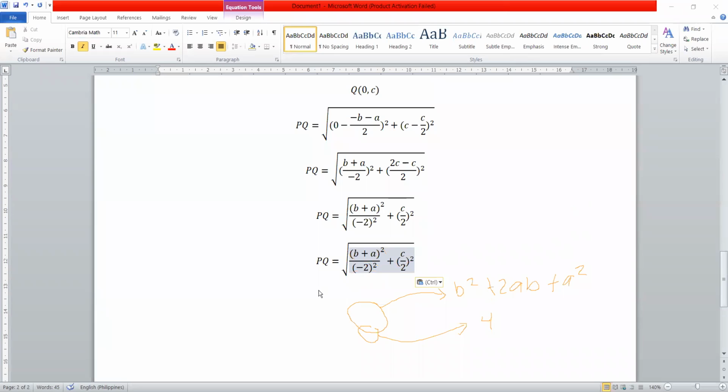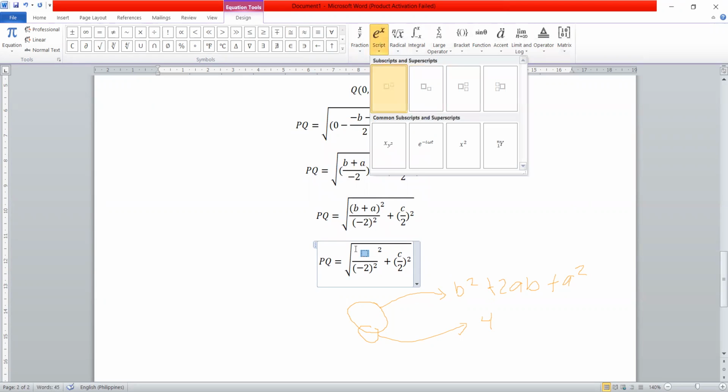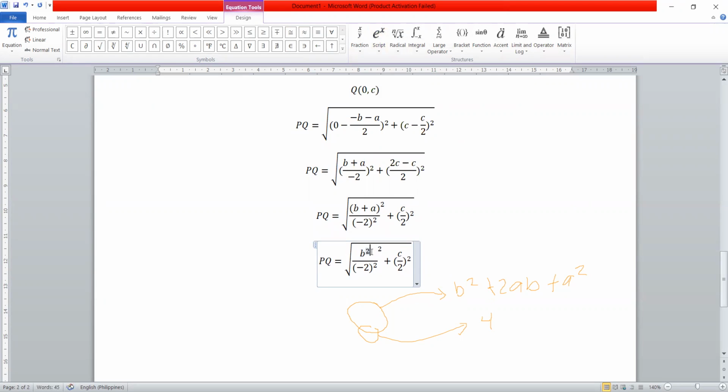So I write it down: this will become b squared plus 2ab plus a squared, over 4.